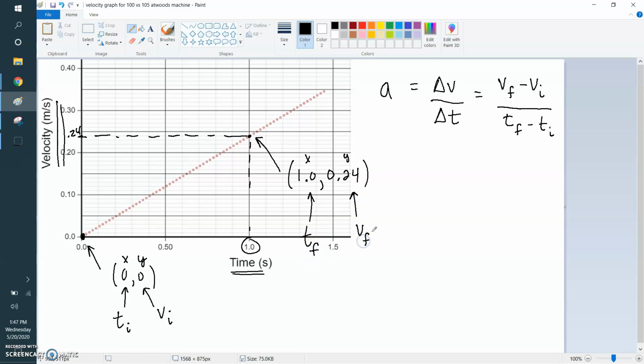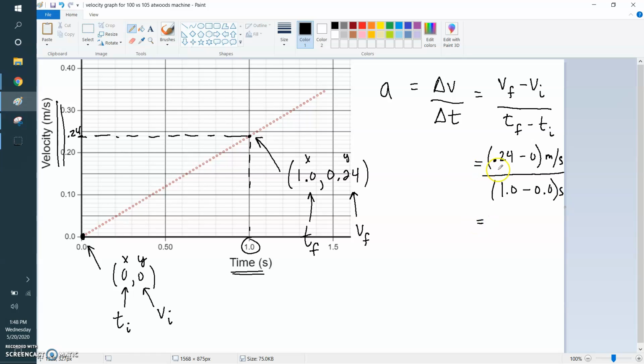So I'm just going to substitute into my equation, rise over run, so to speak, and v final was 0.24 minus 0, and that was meters per second. Those are my units for both of those. And then for time, my final time was 1 second, so 1.0, and my initial time was 0.0, and my units are seconds.